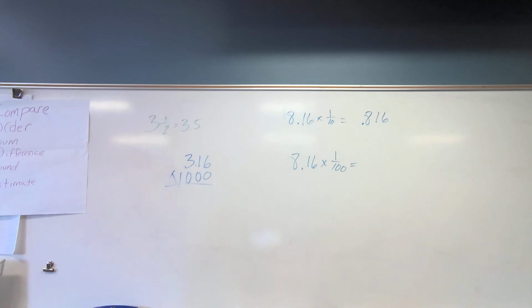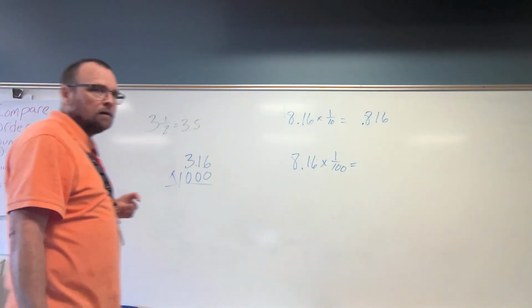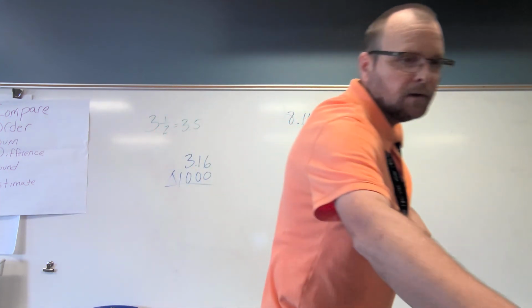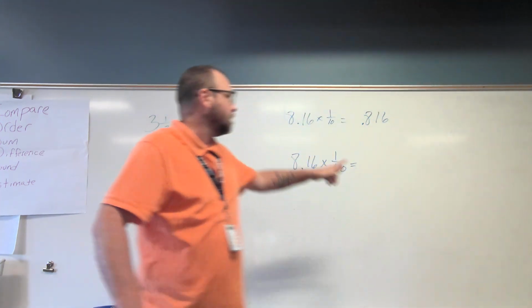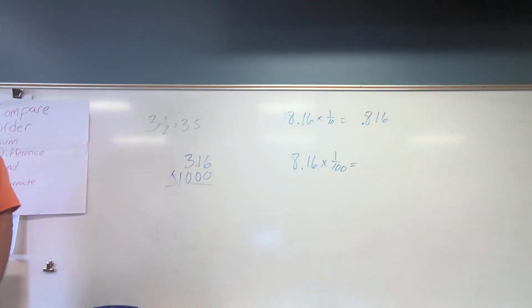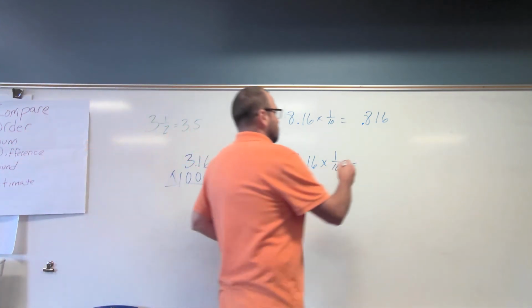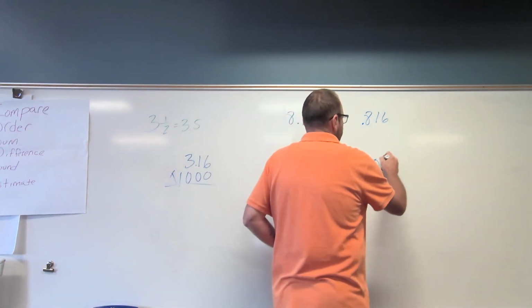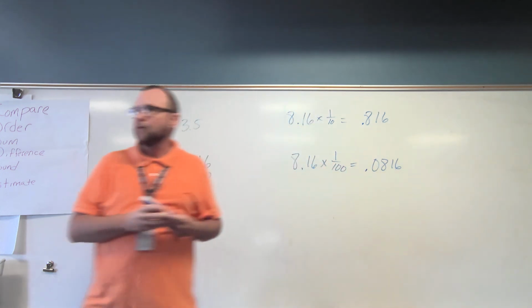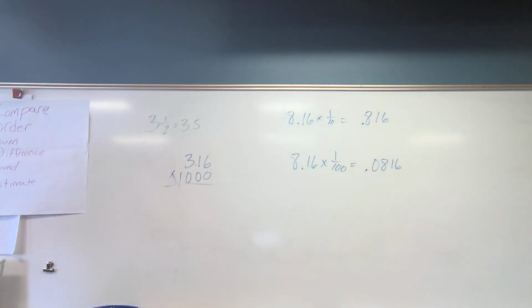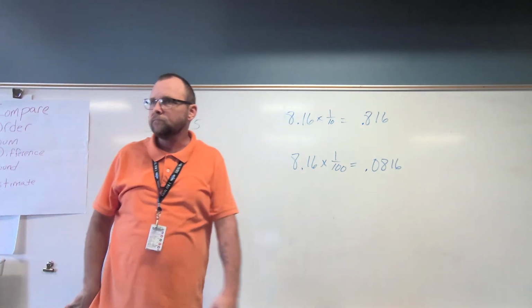So it's 816 thousandths. Now if I multiply it by 100, it's still going to move left. Q, how many times is it going to move left? 2. I had to add the 0 there to make it 10 times smaller. Each number's in a place value that's 10 times smaller.